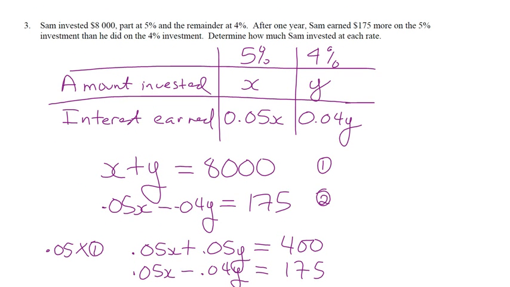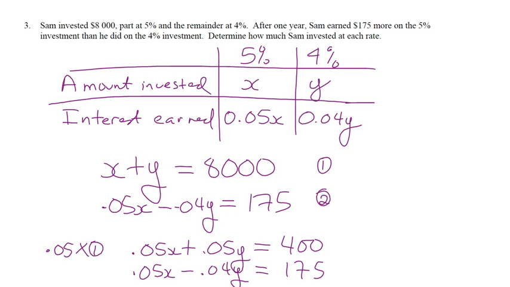We're ignoring everything we've done, right, other than the amount at 5% after 1 year. So 5% of what was the amount? 5,500. What's 5% of 5,500? 275. And 4% of 2,500 is 100.